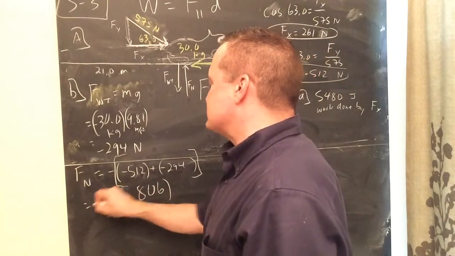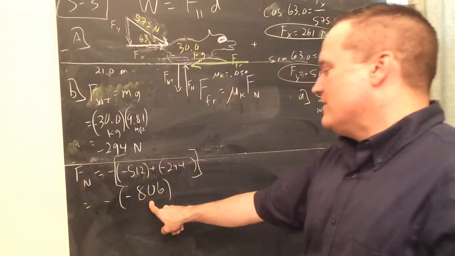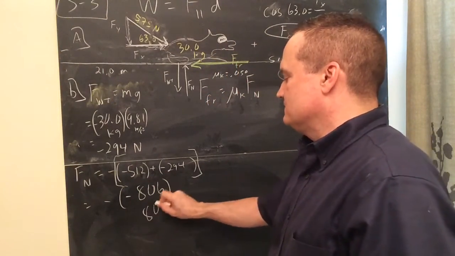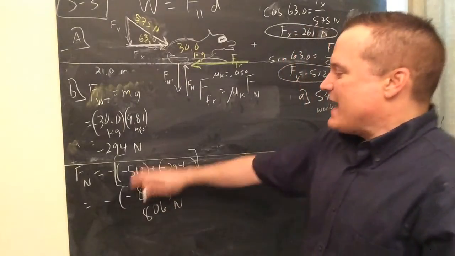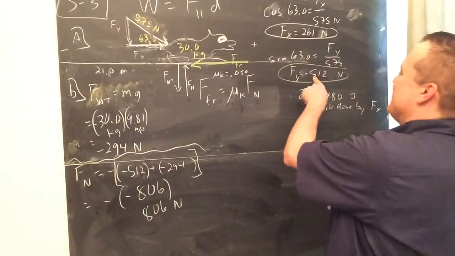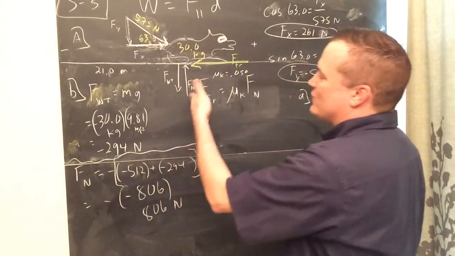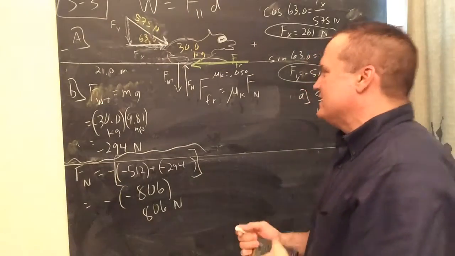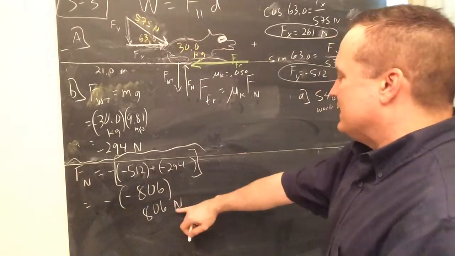The normal force has to be opposite the sign of this one, so it's positive 806. You don't have to show me all the negatives when you're doing it. If you just say 512 plus 294 is your normal force, if you draw a diagram, it'll be obvious how you got that. So wow, all that work to get 806.